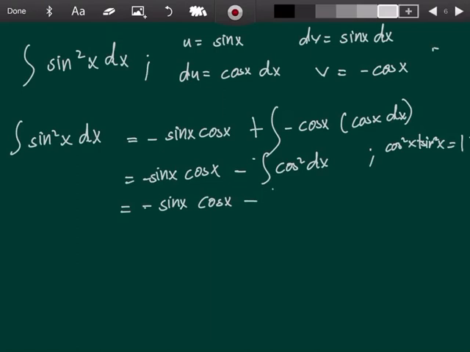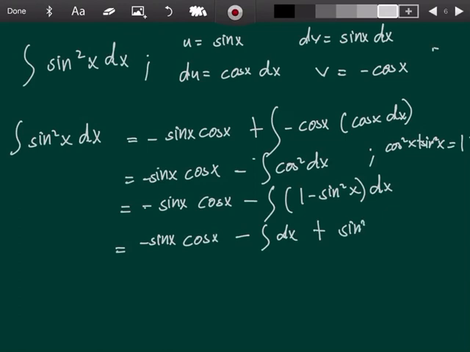So, we can substitute this as integral of 1 minus sine squared x dx. Tama? Tama. So, is equal to negative sine x cosine x minus integral of 1 dx plus integral of sine squared x dx. Ayun din yung andun sa other side of the equation.